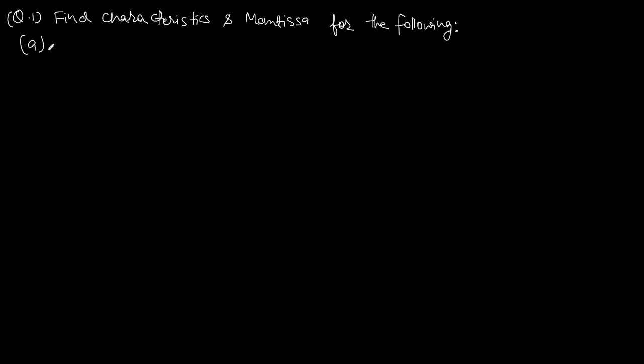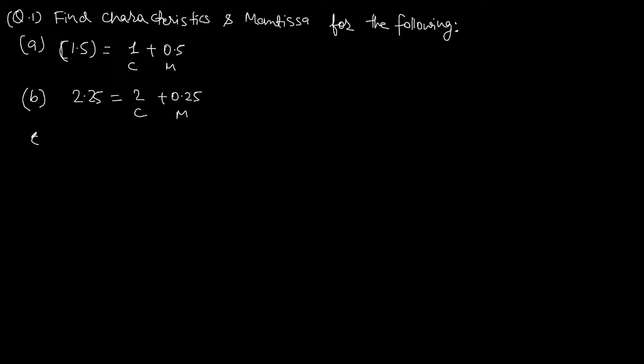A: 1.5, 1 is characteristic, 0.5 is Mantissa. B: 2.25, 2 is characteristic, 0.25 is Mantissa. C: 0.025, 0 is characteristic, 0.025 is Mantissa.